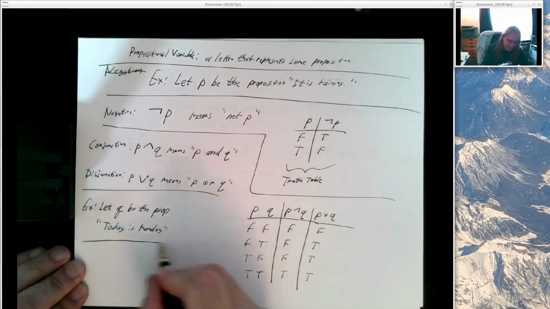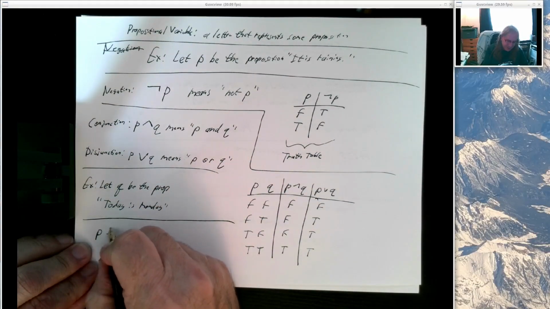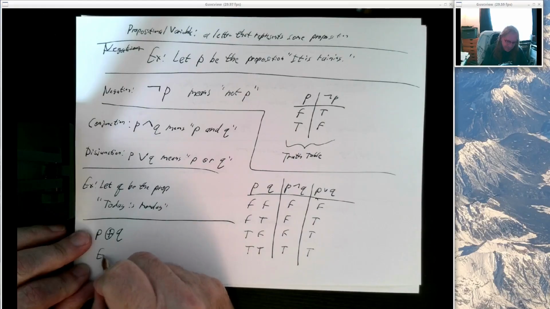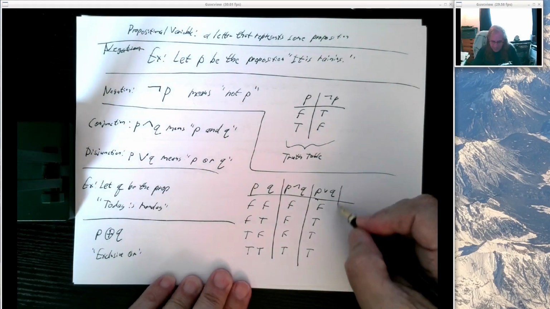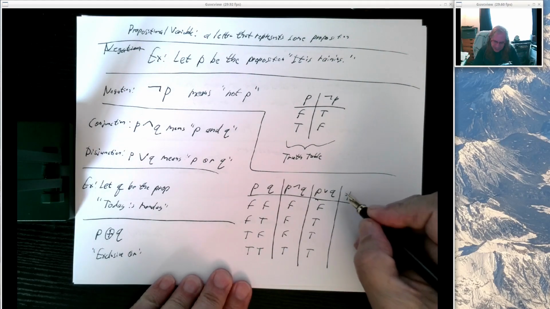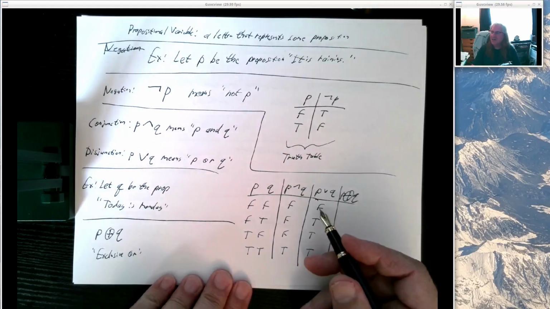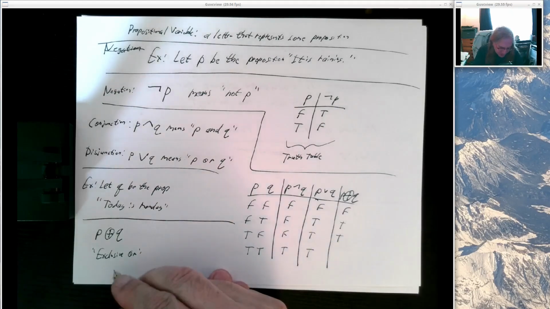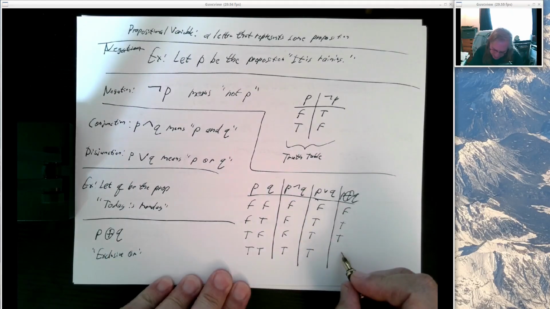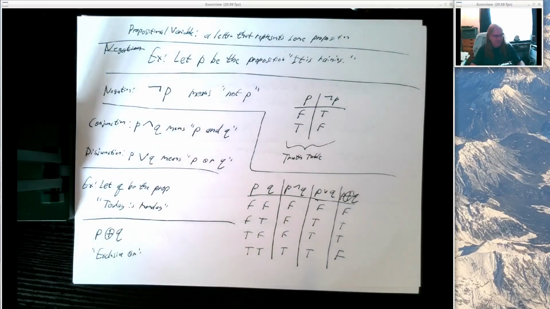All right, there's one other operator which we call the exclusive OR. And this doesn't come up too often, but it's worth mentioning here. So P XOR Q. And this is the same as disjunction, except only one of these can be true, P or Q. If they're both true, then this exclusive or is false.